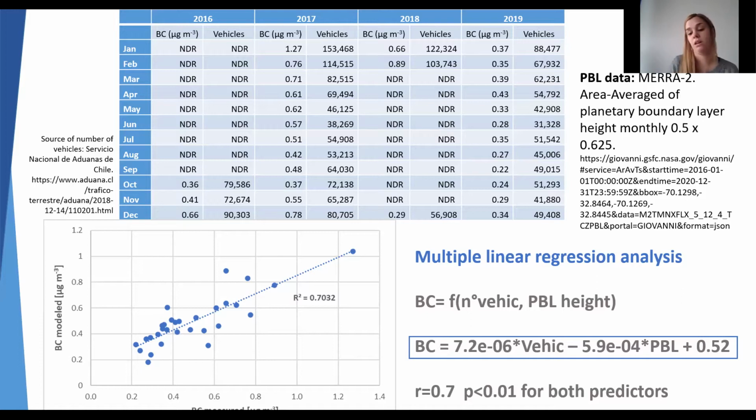If the main source were transport from the cities, for example, this relation should be positive, because a higher PBL is better for transport, since it allows the black carbon to come into the area. And we also have a very good level of confidence for both predictors, the vehicles and the PBL8.